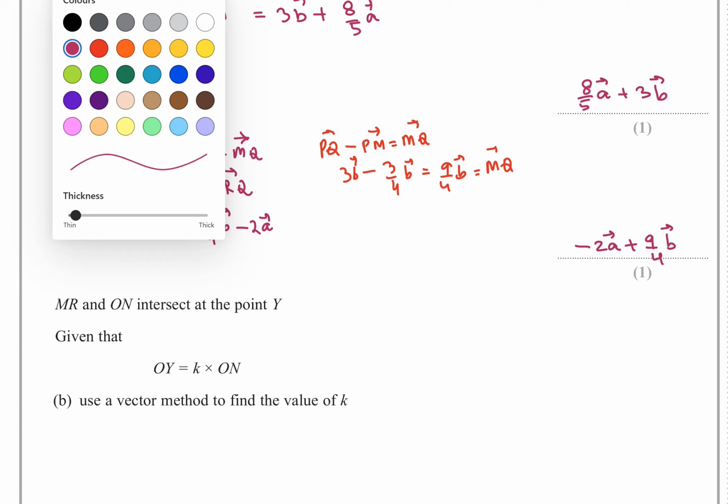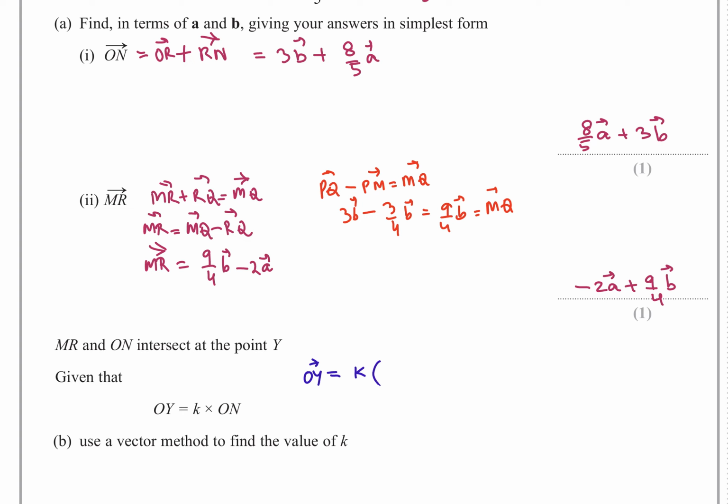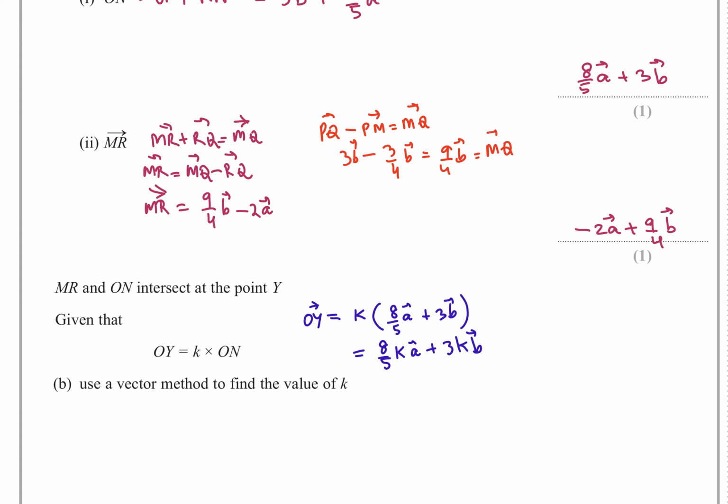So OY is equal to K times ON, and we know what ON is because we found it out: 8/5 A plus 3B. So I can write it as 8 over 5 KA plus 3K B, not times B, 3KB. So that's OY.